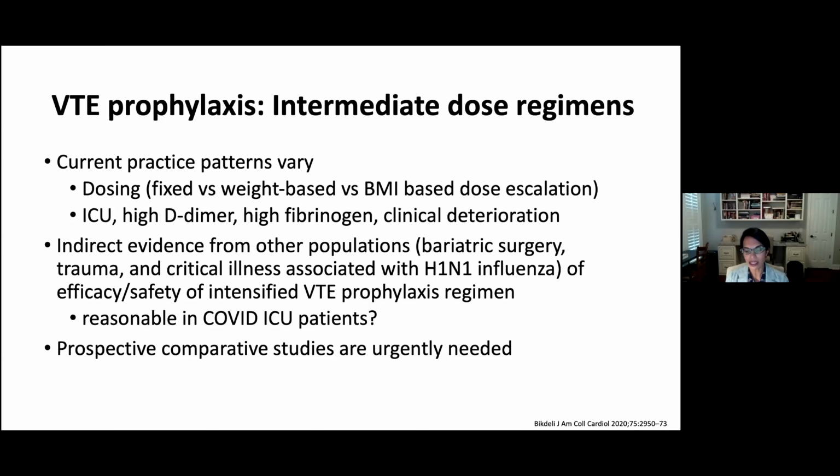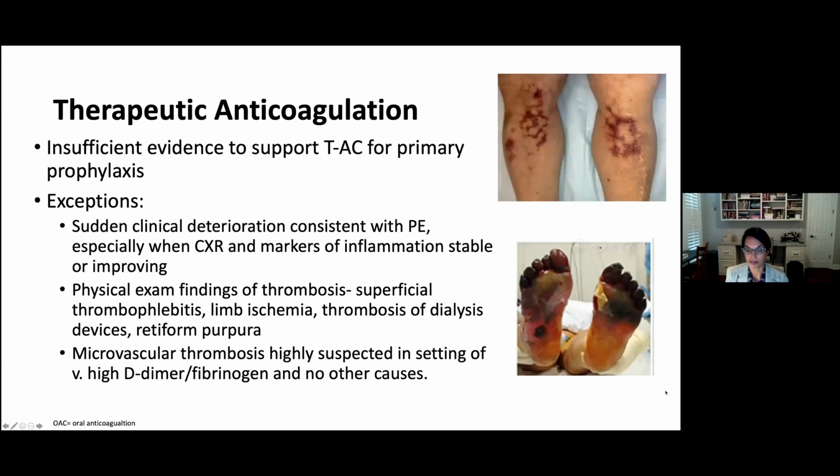But ultimately, we really do need to wait for prospective and preferably randomized controlled trials comparing dose escalation and standard doses to confirm the benefit. Outside of a clinical trial setting, escalating to therapeutic anticoagulation is not supported by strong data and may in fact place patients at unnecessary increased risk of bleeding.